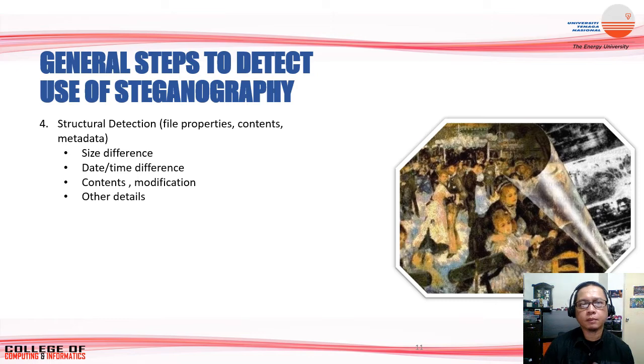The fourth step that you can use to detect the use of steganography is to look at the structural detection. So this can be done by comparing file properties, the contents, and also the metadata of the suspected file. But for this to be successful, you have to have the suspected cover media that is being used, and then the intercepted stego media that you already intercepted from the suspect.